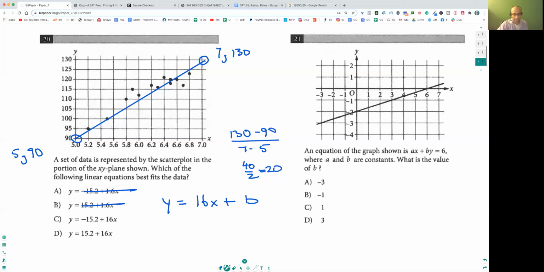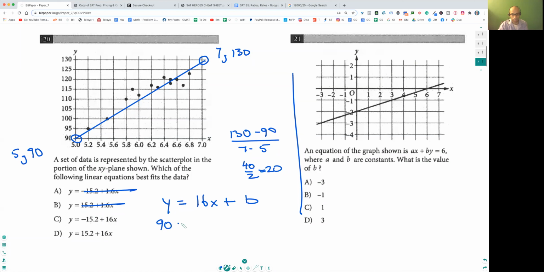Okay, so get that answer first. Try it, and those of you who found it, work on the next problem. Out of these two, you got to check it. Maybe put in a value of 130, or let me put in 90 here.